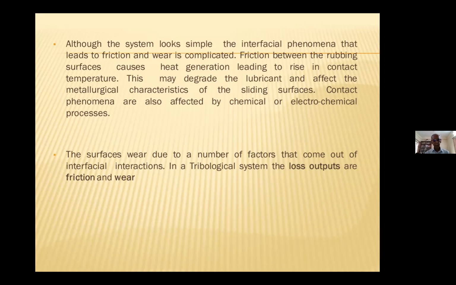In this course, we'll learn all this slowly. Wear is again a very important issue, and how the surfaces wear is an important interfacial problem.